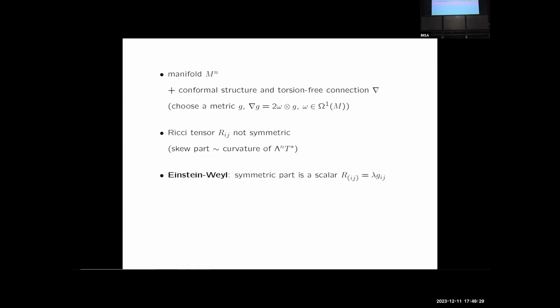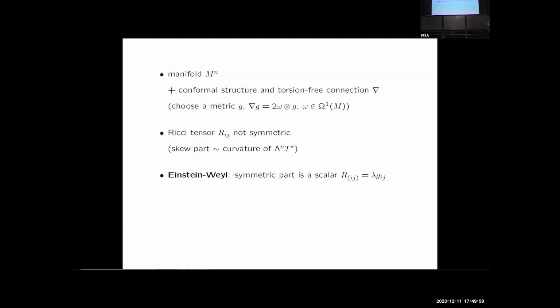So you may not know what an Einstein-Weyl manifold is, so here's what it is. It's a manifold with a conformal structure and a torsion-free connection preserving the conformal structure. So the easiest way to do that is to choose a metric within that conformal equivalence class, and then it's given by a one-form omega, because the Riemannian metric, of course, preserves the volume form.